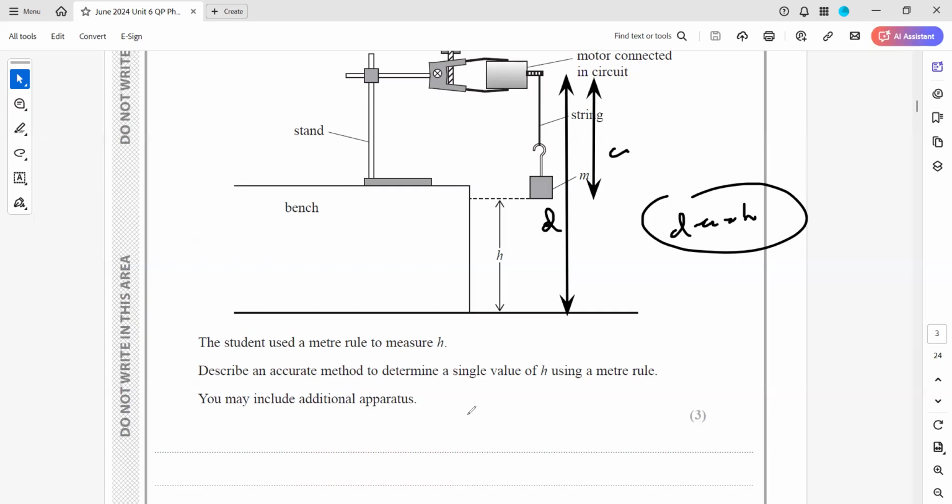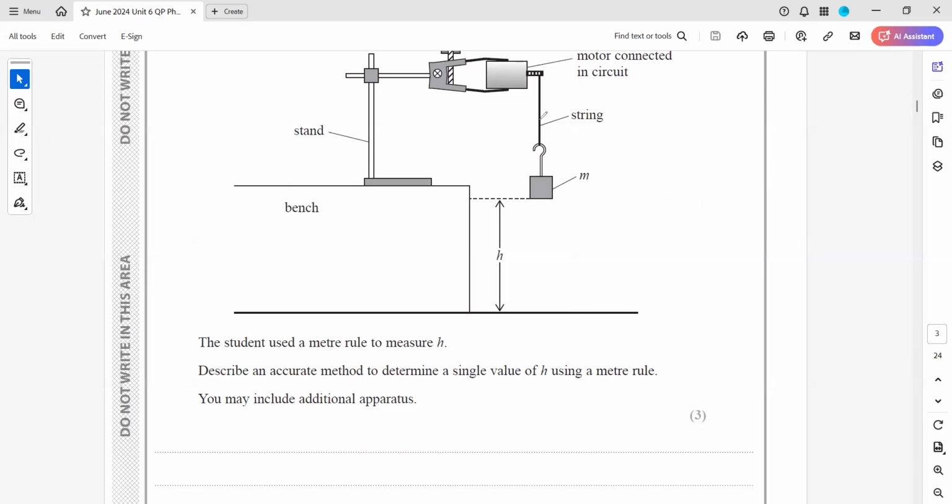In this case, since it is suspended by a string, I'm saying you can mention two methods. One is, if you want to measure a height, we prefer measuring a longer length. So a meter rule is placed next to this, and you use a set square, measure the height till this point, and then subtract.